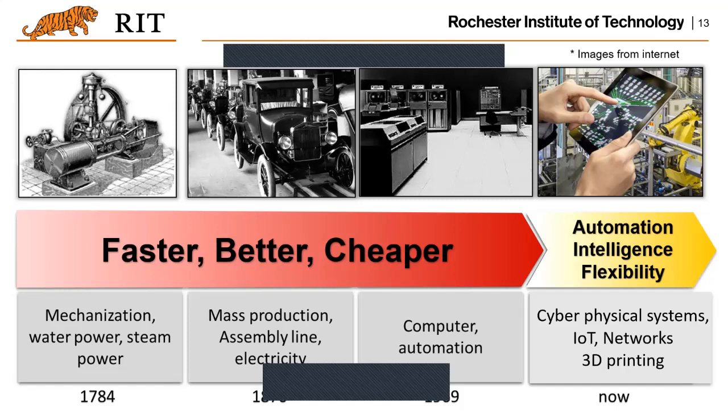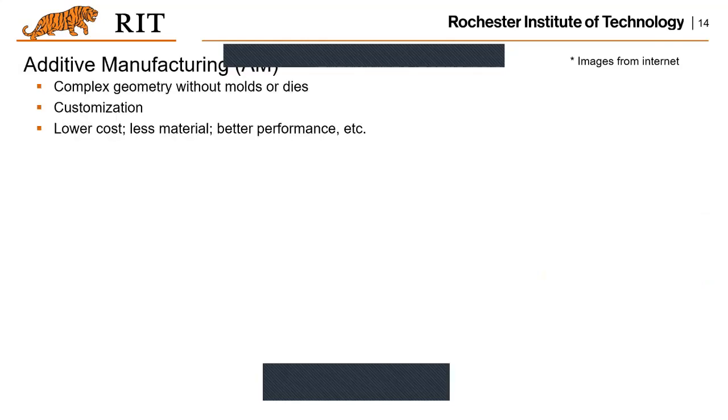So if we take a more detailed look at the fourth industrial revolution and what 3D printing plays in this new industrial revolution, it turns out it can produce complex geometry without molds or dies or other setups. And it enables customization. And sometimes the product produced by additive has lower cost, less material, and even better performance, right?